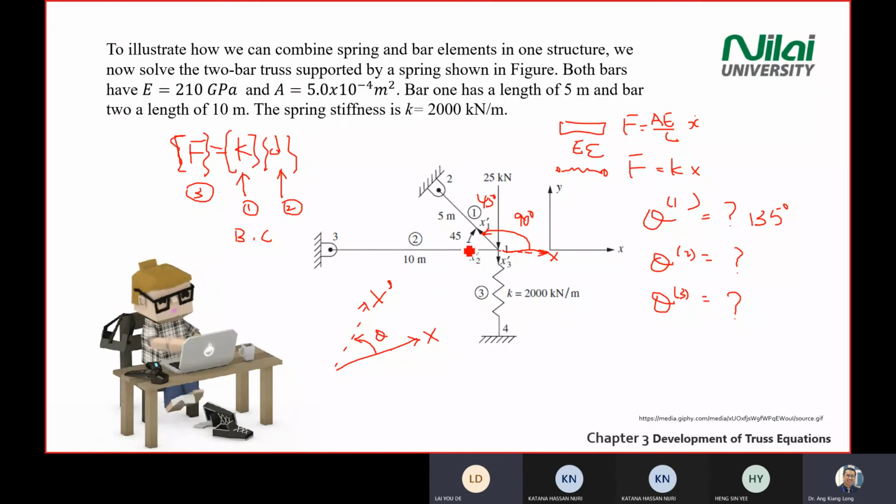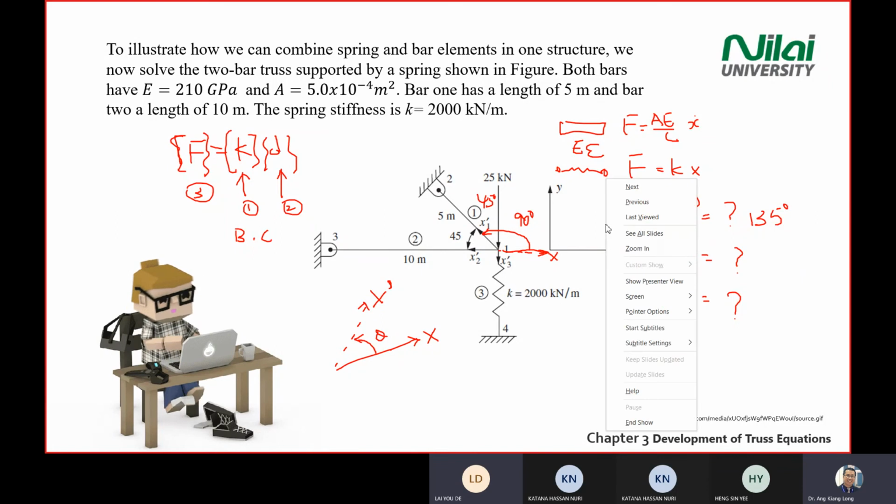Yeah, okay, you can take that. Your answer just now is 180 minus this one. Also correct, but for a better explanation, you should explain how you measure the angle first. All right.